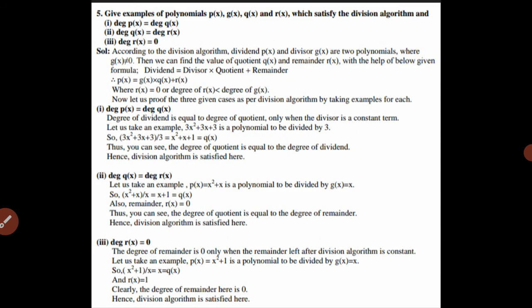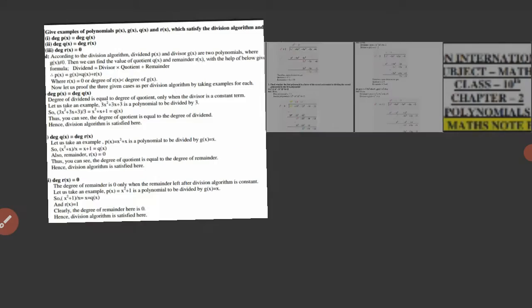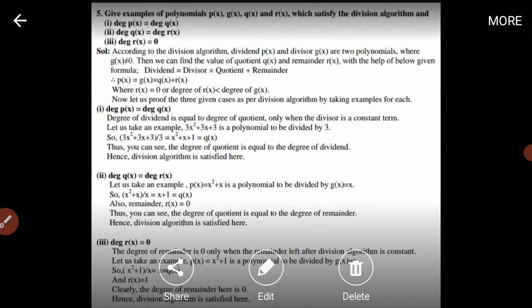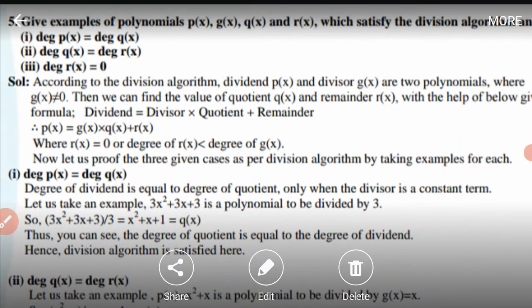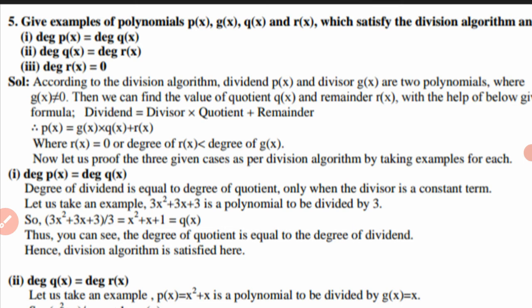Now after this, see question number 5. In question number 5, polynomials px, gx, qx and rx are given, which satisfy the division algorithm. In the first case, we have to tell whether the degree of px equals the degree of qx. Here we can take any example.